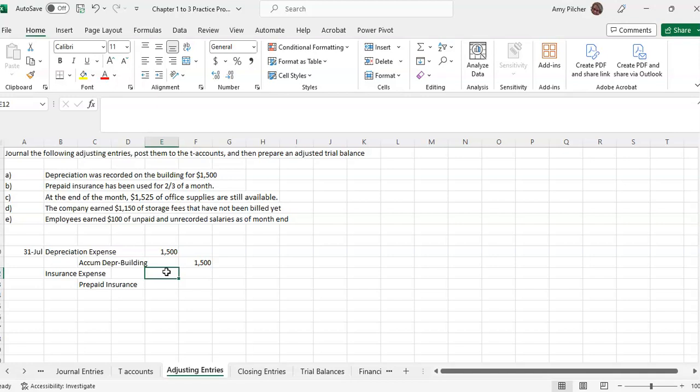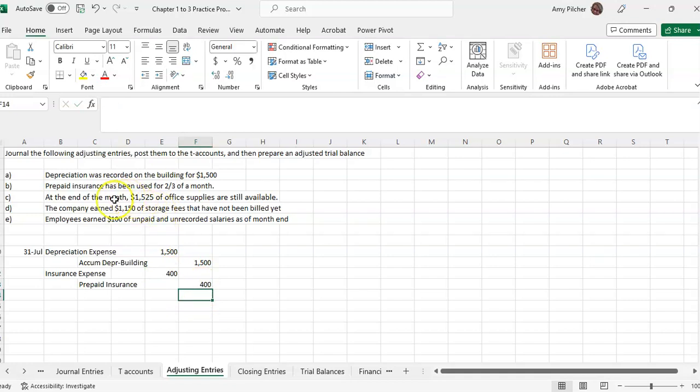So if you take 7,200 divided by 12, you get $600. Then we need 2/3 of a month because we bought that policy partially into the month. So we take that times 2 divided by 3, which is 0.66 repeating 6. Calculate that out, you get an insurance expense of $400.